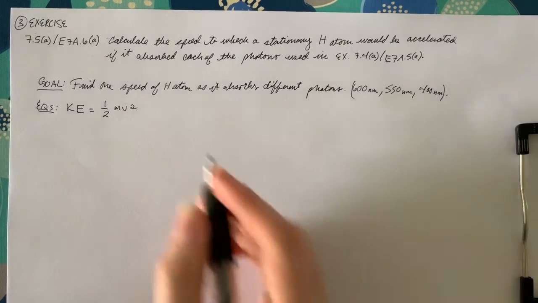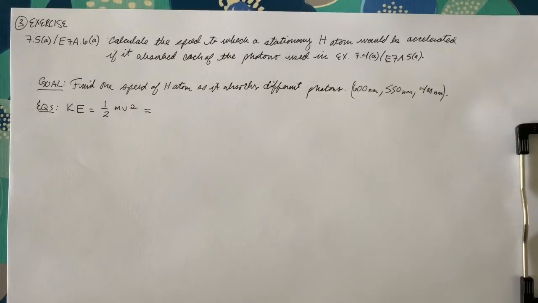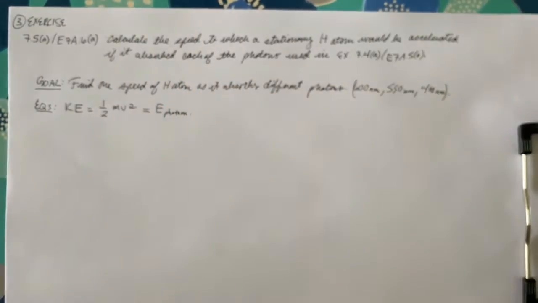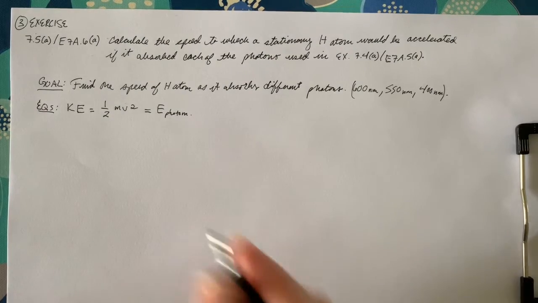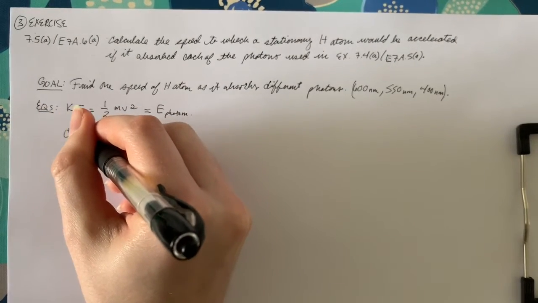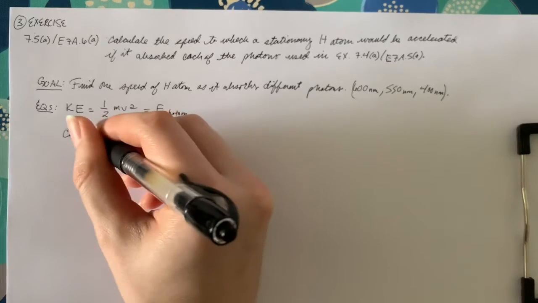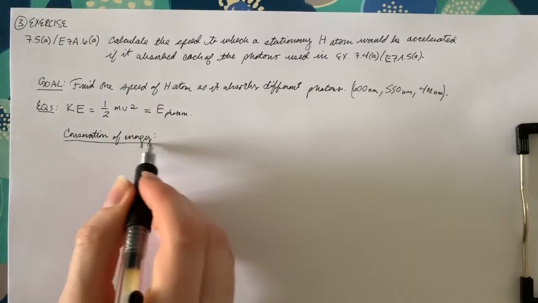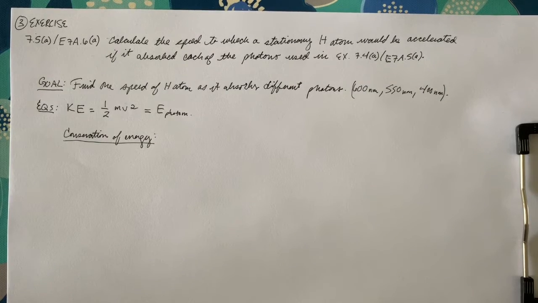And we can say that this equals the energy of the photon by conservation of energy. Because the conservation of energy states that the final kinetic energy of the hydrogen atom equals the energy of the photon absorbed, okay?